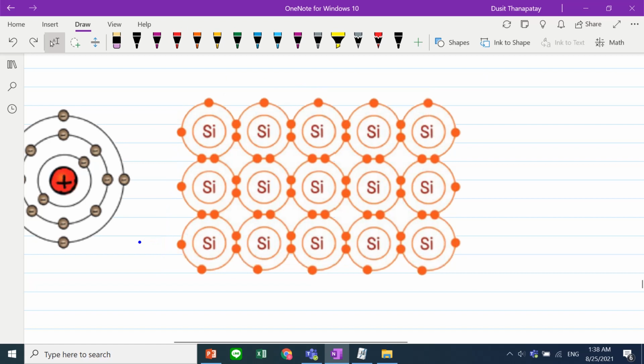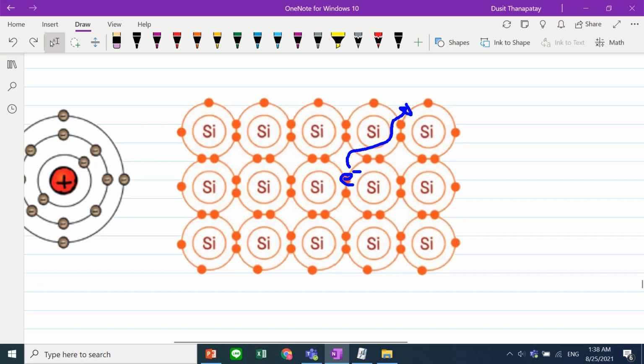Anyway, at room temperature, some electrons may have enough energy to become free from the bonding.